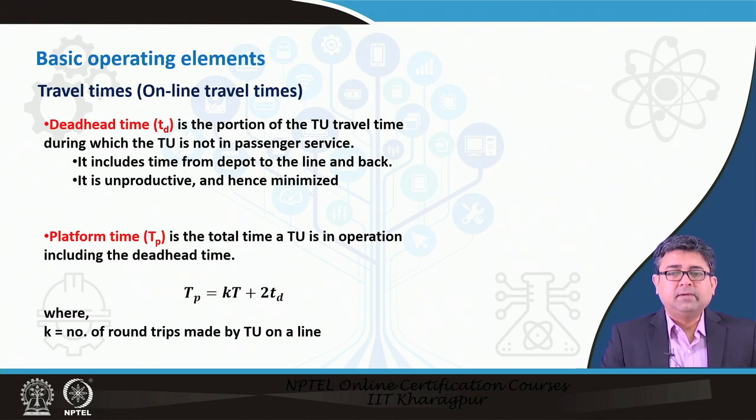The deadhead times may be there on each side of the two terminals, so there may be two deadhead times. So, if there are k number of round trips made by a TU on the line, then k times t plus these two deadhead times add up to what is called the platform time.